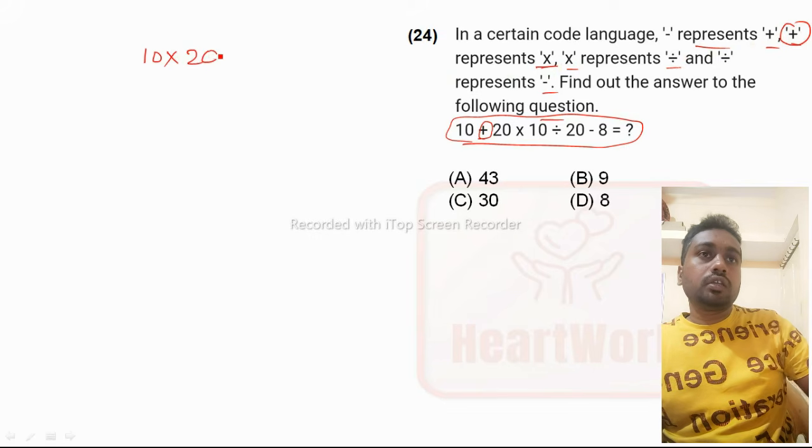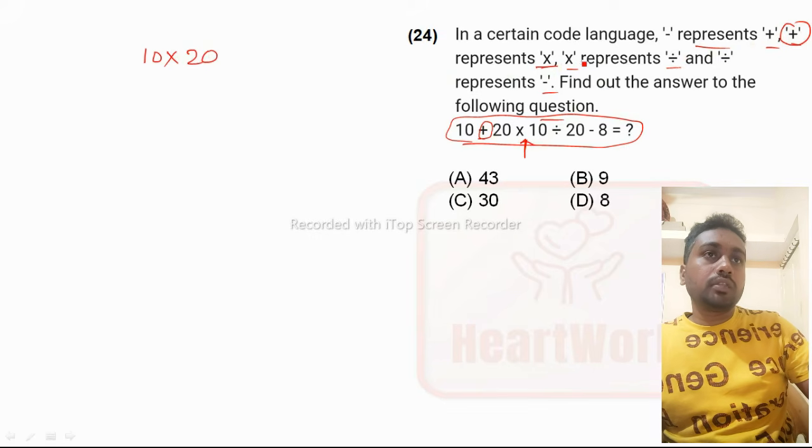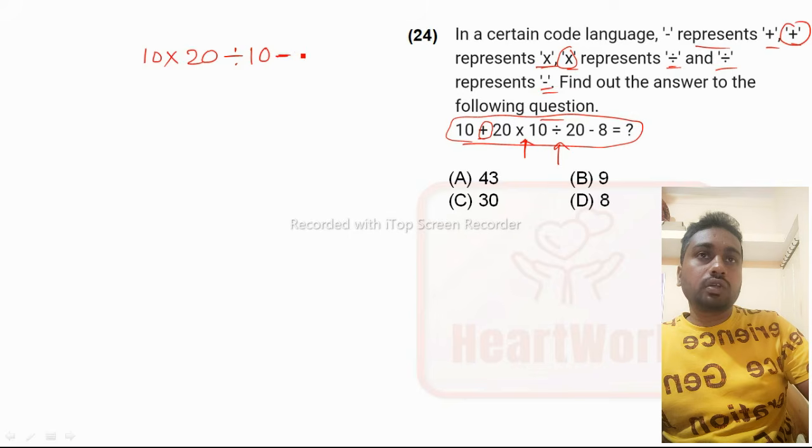Then 20 multiply: multiply represents divide, so divided by 10. Again this divide represents minus, so here minus 20, and minus represents plus, so here plus 8.